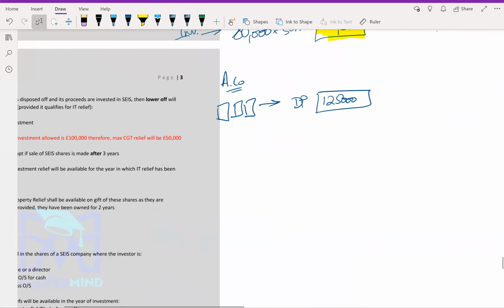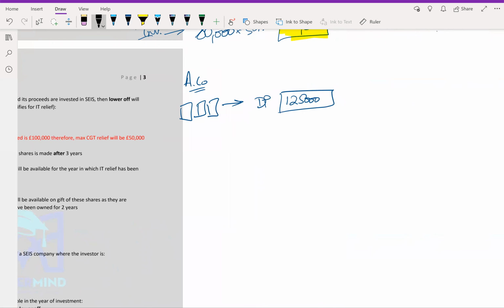And you decide to invest these proceeds into a SEIS scheme. Let's say the gain on this is 100,000, so the cost would be 25,000. The gain is 100,000. You decide to invest 125,000 in the SEIS scheme.